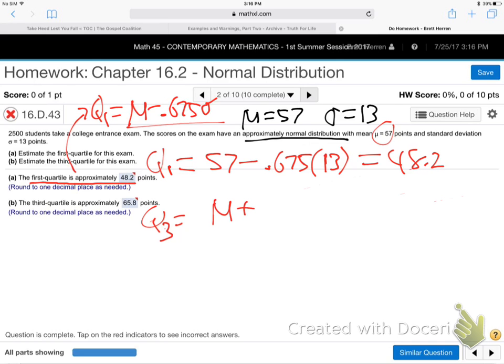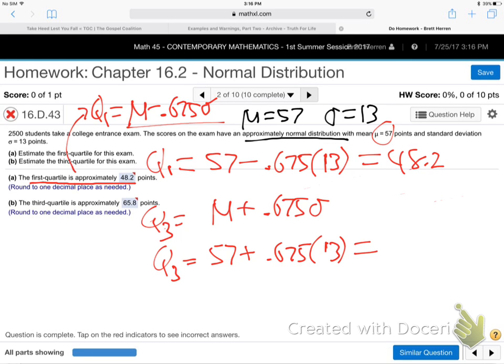Q3 and Q1 are the same form, just plus and minus in the difference, because quarter 3 is to the right of the middle. It's after halftime, and quarter 1 is before halftime. So mu is 57 plus 0.675 times 13, and that is 65.8.